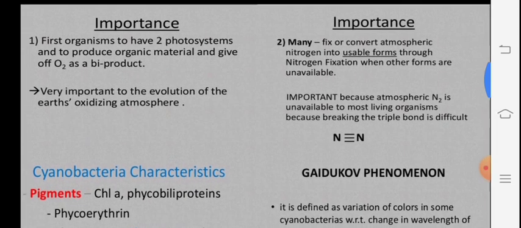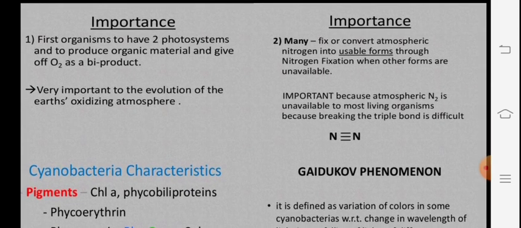In importance, we have to consider that they fix atmospheric nitrogen into usable forms through nitrogen fixation. In the atmospheric form it is unavailable. We know nitrogen is near about 72% of the atmosphere, but it is fixed only by the cyanophyceae.